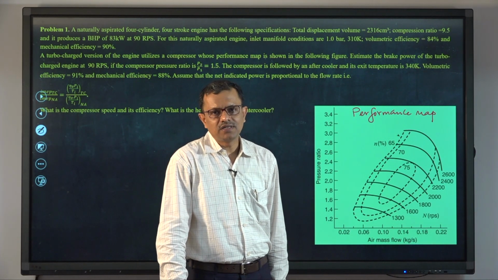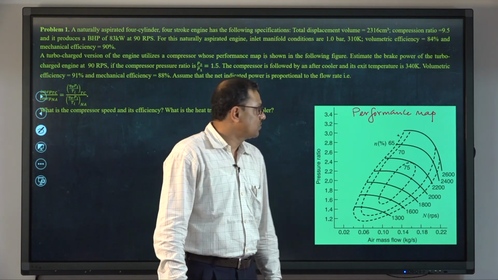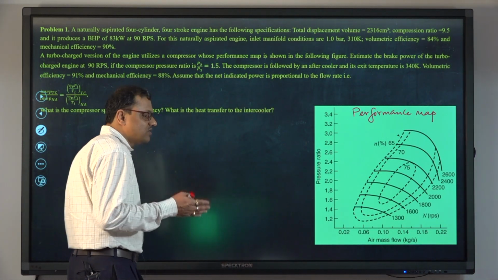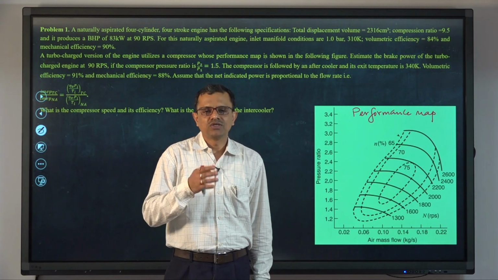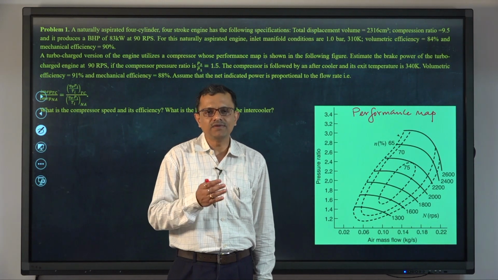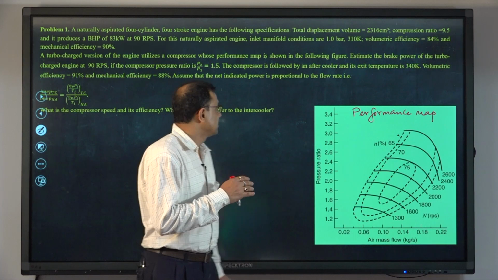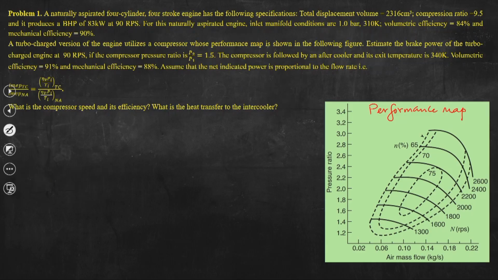If the compressor pressure ratio, that is P2 by P1. So, essentially you know by this time that compressor is used to raise the pressure. So, the pressure ratio is very important parameter for the design of compressor and the pressure ratio is given P2 by P1 equal to 1.5. So, that is given.